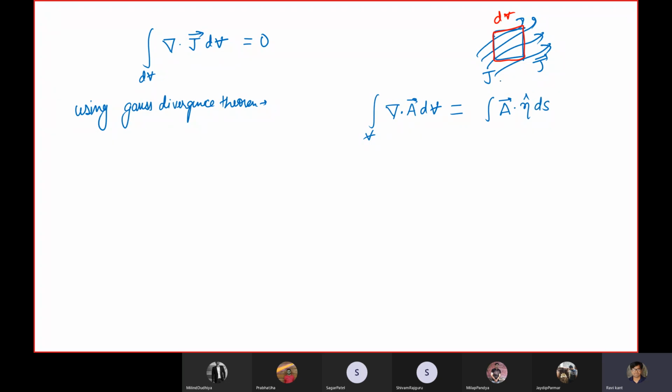You guys remember? Or to be more generic, it can be written as A dot ds vector.